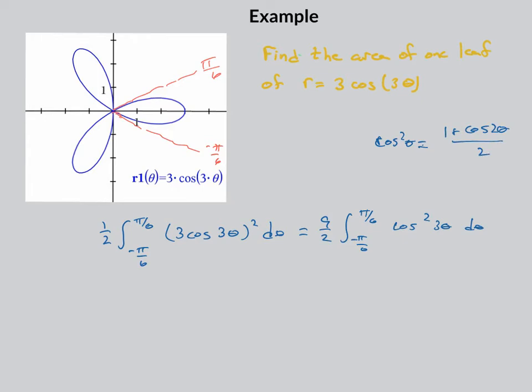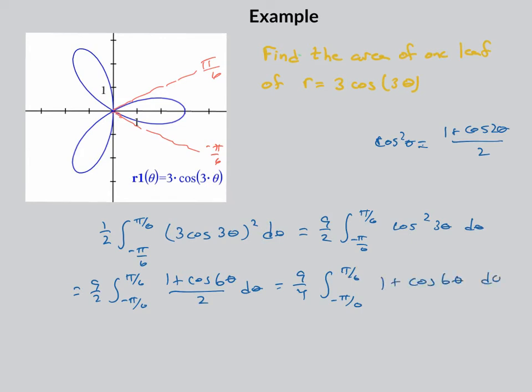So in this case, this is now 9 over 2 times the integral from negative pi over 6 to pi over 6 of 1 plus the cosine of 6 theta all over 2 d theta, or pulling the 1/2 out, I have 9 over 4 times the integral from negative pi over 6 to pi over 6 of 1 plus the cosine of 6 theta d theta. And now we have to integrate that.